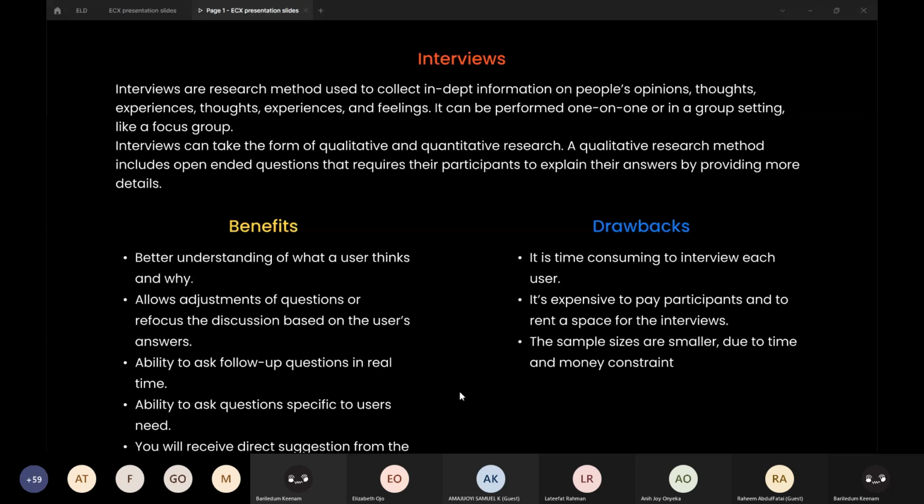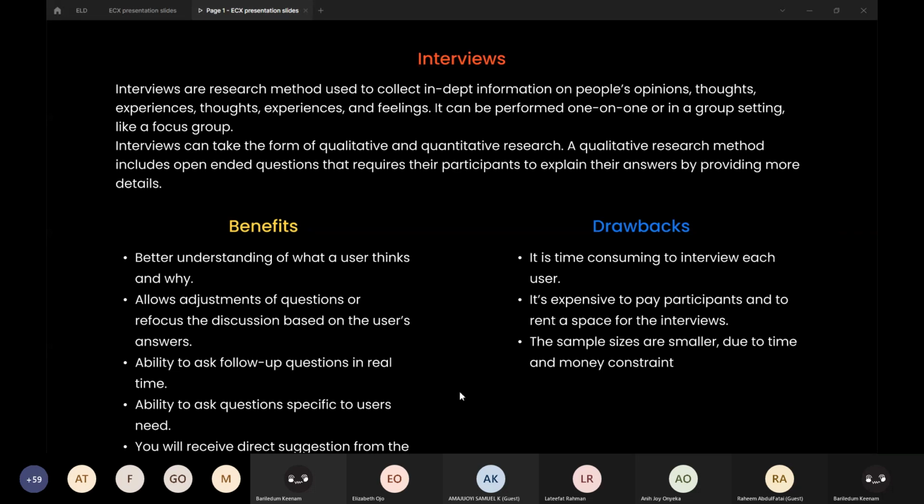So when an interview is taking the form of qualitative research, it depends on the type of questions you ask. A qualitative research method includes open-ended questions that require the participant to explain their answers by providing more details.